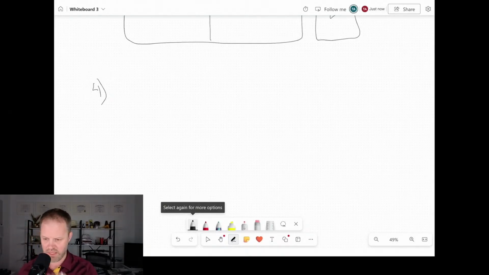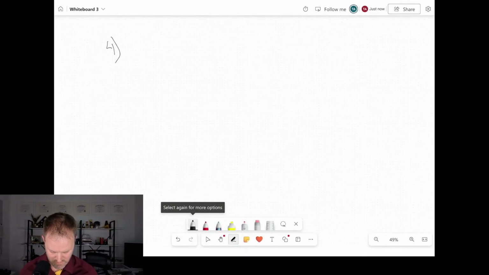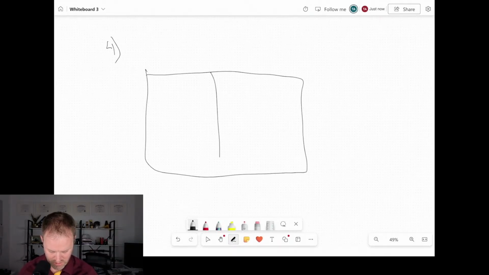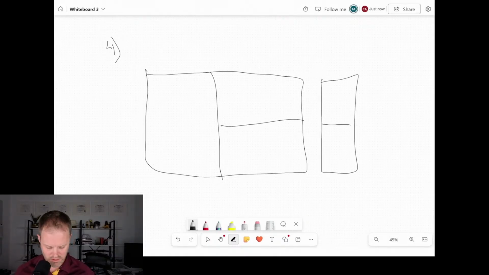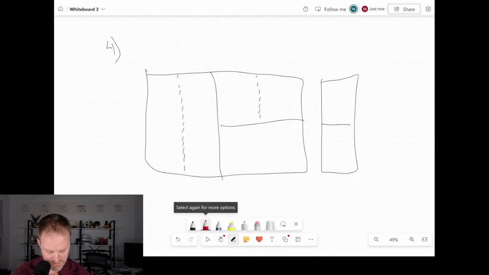Okay, so from there, then we'll break it down. Same picture. Then we'll introduce the idea of increase and decrease.